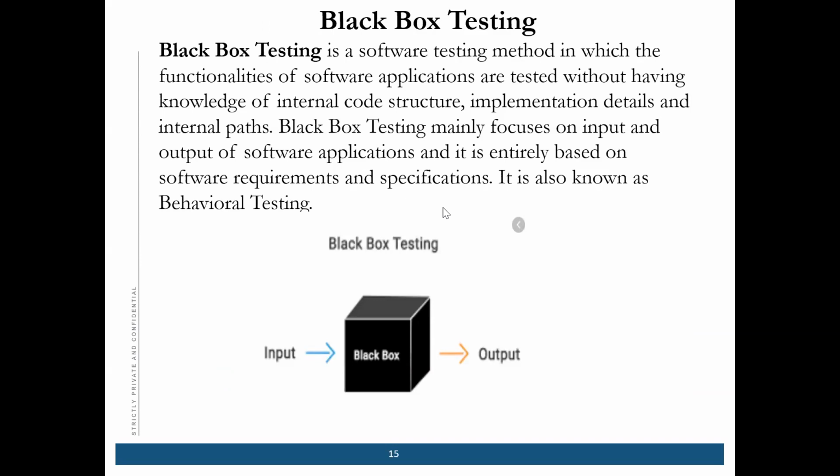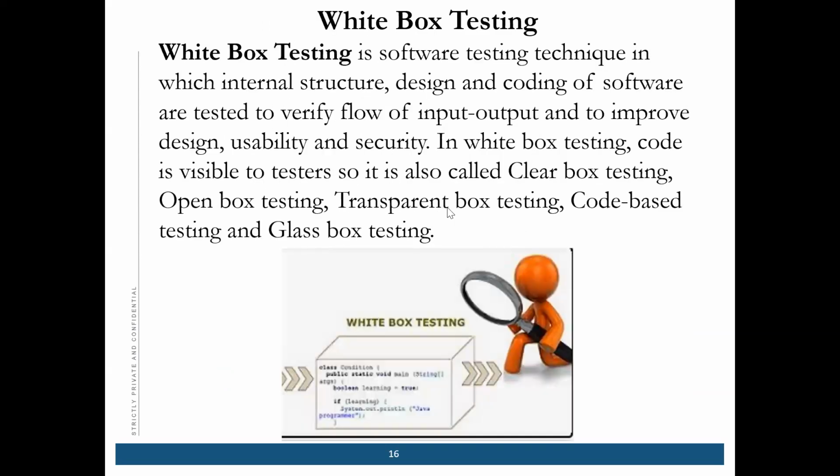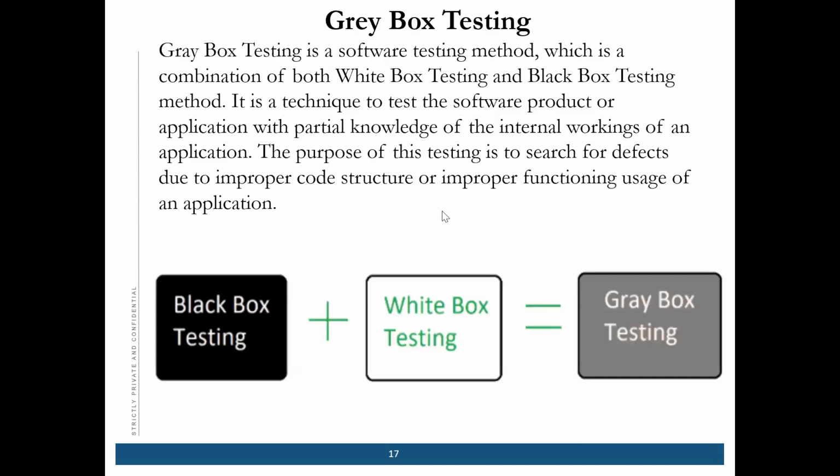Okay. The third testing is what? A little bit of description is given here. You can go through that, whatever I explained. So now, what is gray box testing? It's a mixture of both. Okay, black box plus white box. It combines the concepts of both white box as well as black box testing. In gray box testing, the internal implementation detail is partially known to the tester, while the rest is not known to the tester.